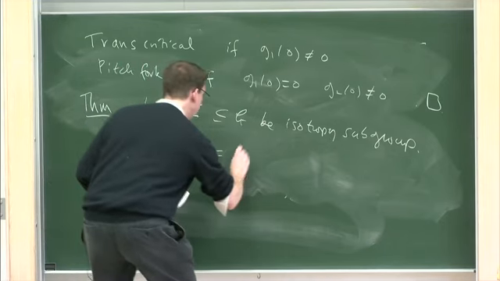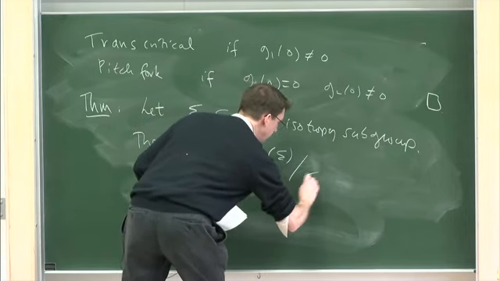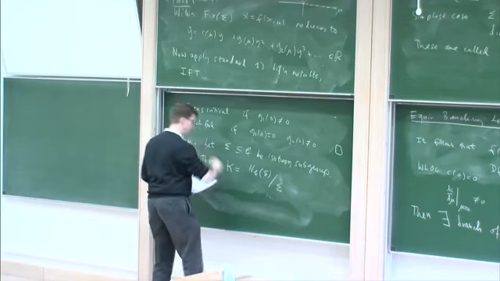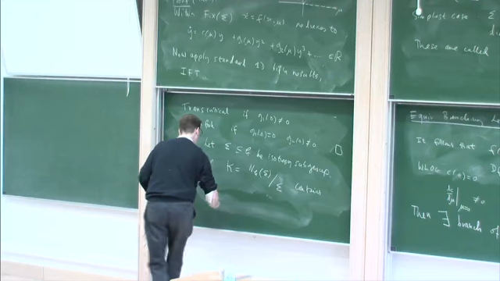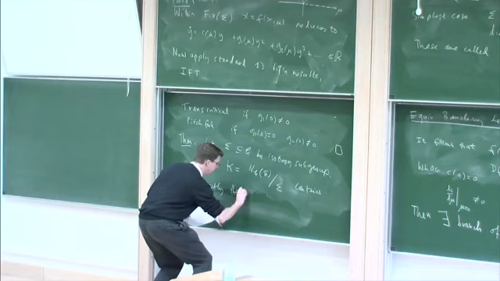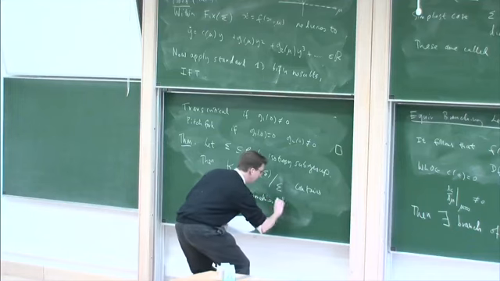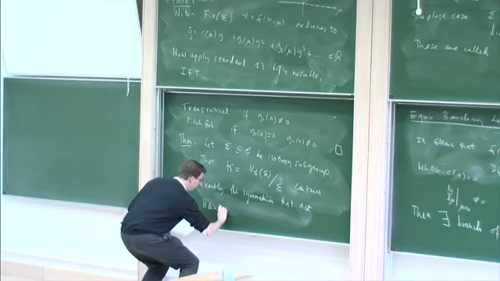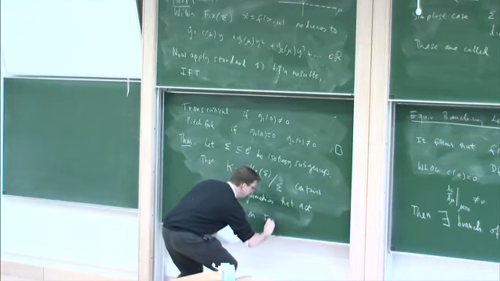Then K, which is the normalizer in G of sigma, quotiented by sigma itself, is exactly the symmetries that act non-trivially on fixed sigma.